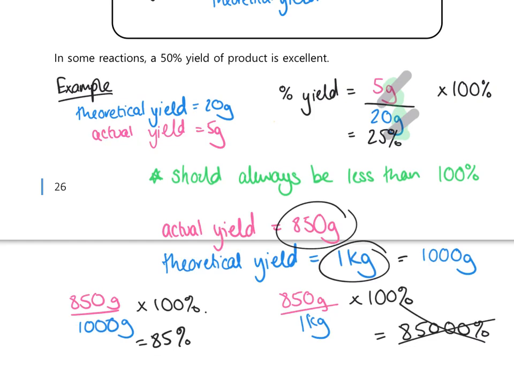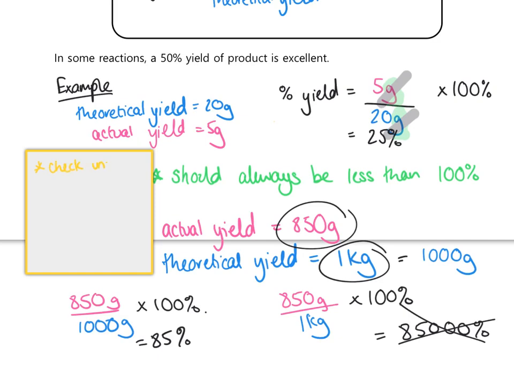So what I'd like you to do somewhere on your page is to write yourself a wee note. Somewhere on your page, doesn't really matter where, wherever you have room, maybe beside the box where we've written our equation, could you write yourself a note to check that your units of your actual yield and theoretical yield are the same.